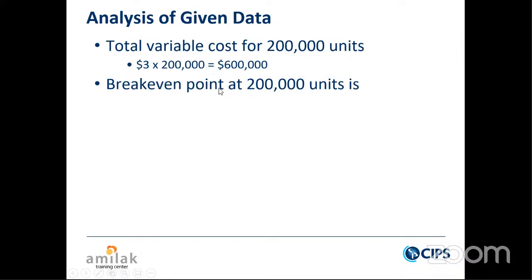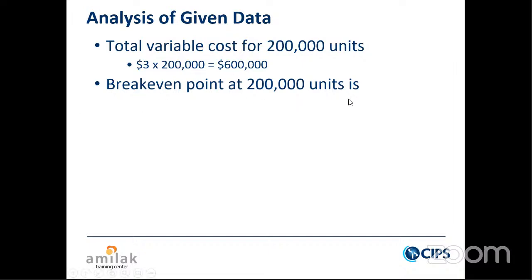The break even is at 200 units. Now I want to qualify this, because the break even point is not the 200 units. I did a separate calculation, and when you calculate the break even point, you'll find that the break even point is 100,000 units.